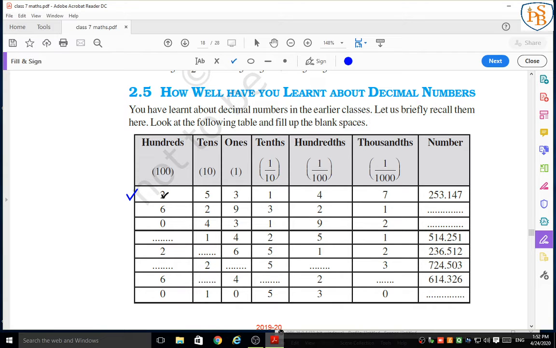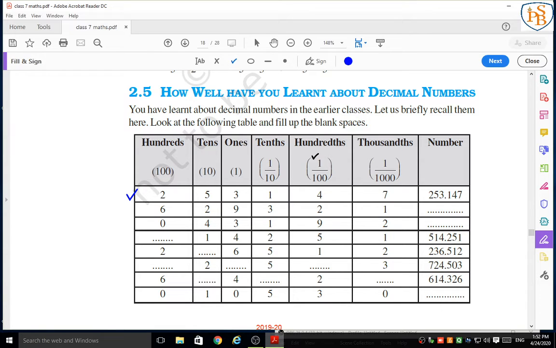So my number is 253.147. Just listen carefully: after the decimal point, we read the digits as numbers, like 147. So how can we read this decimal number? 253.147. Do you get this, students?